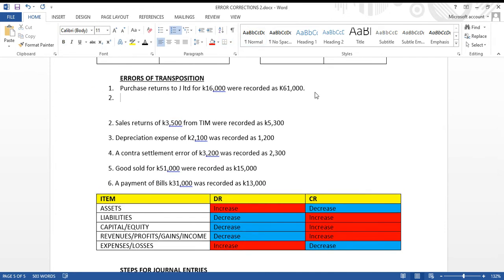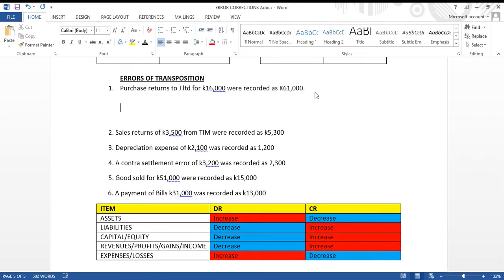All right. So here's the journal entry. The error, the one with the mixed up number. So we're going to debit our payable, which is J Limited. This is our payable, a liability. Debit. So here it was recorded as 61,000.